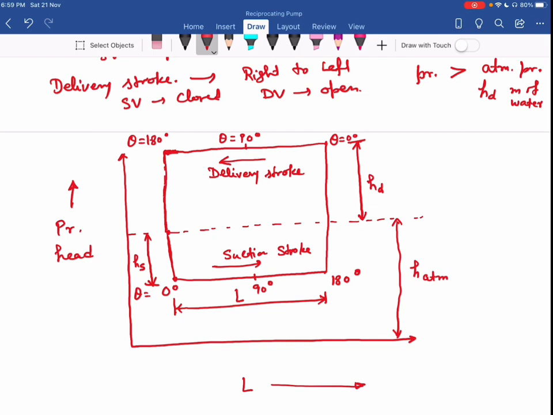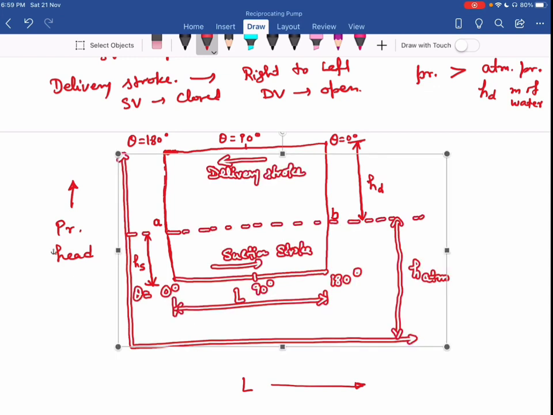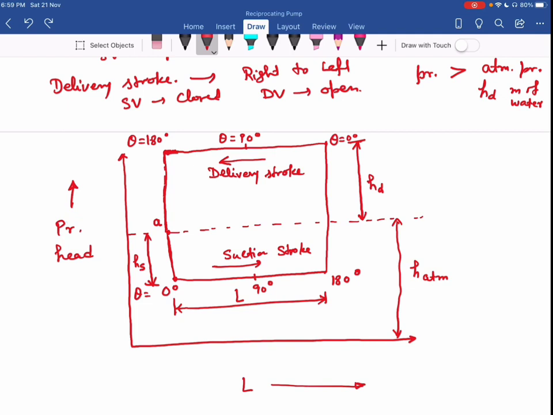You can see here, I start from A. So A to B is the pressure head corresponding to atmospheric pressure. Then CD line for suction stroke, and EF line for delivery stroke. Okay, so this is my ideal indicator diagram.